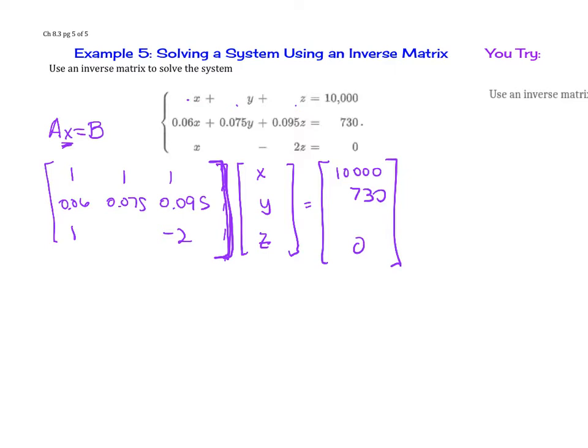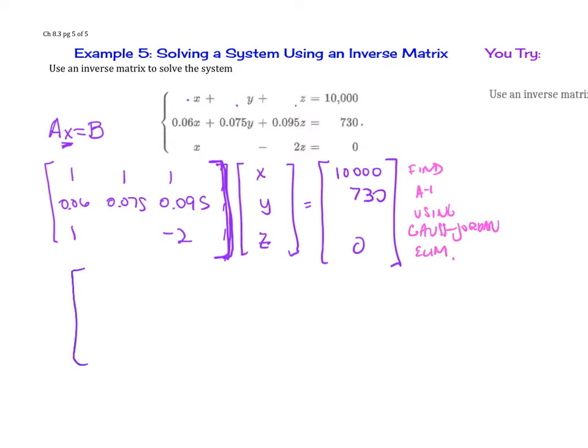So in order to find this, what we're going to do is find the inverse of A using Gauss-Jordan elimination. Let's set this up first of all.